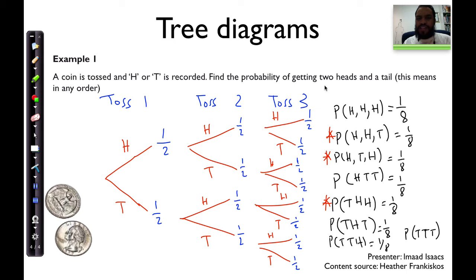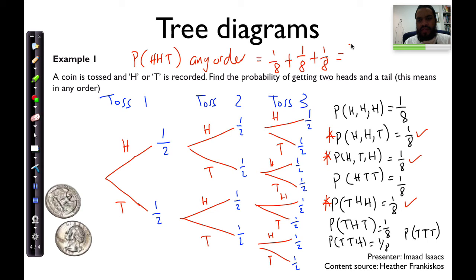So the probability of getting two heads and a tail is going to be 1 over 8 plus 1 over 8 plus 1 over 8. The order doesn't matter here, as you can see, this means in any order. So the probability of getting two heads and a tail, in any order, is equal to 1 out of 8 plus 1 out of 8 plus 1 out of 8 equals 3 out of 8.